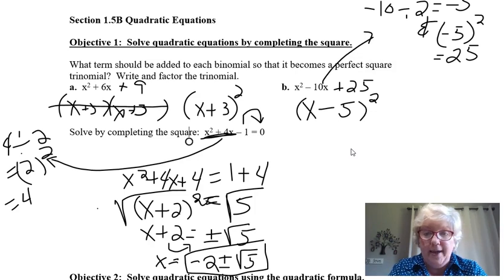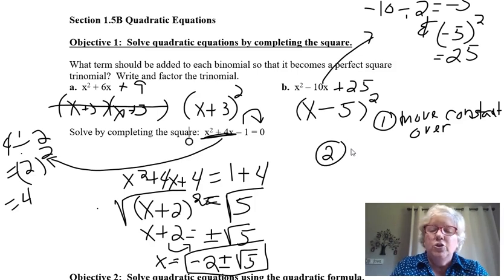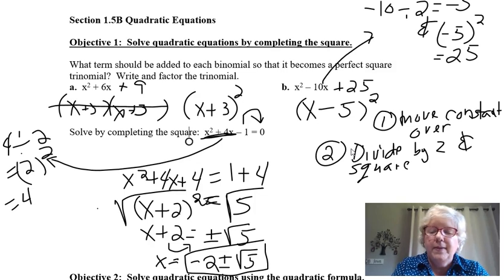Now, let's recap. What you'll need to do is move the constant number, that was our negative 1, over. Then you will divide by 2 and square the x coefficient.